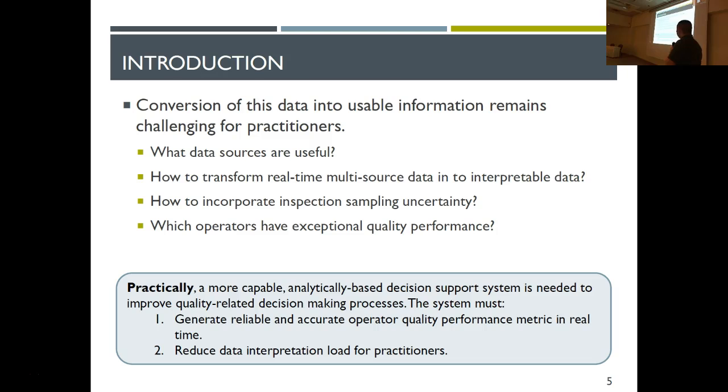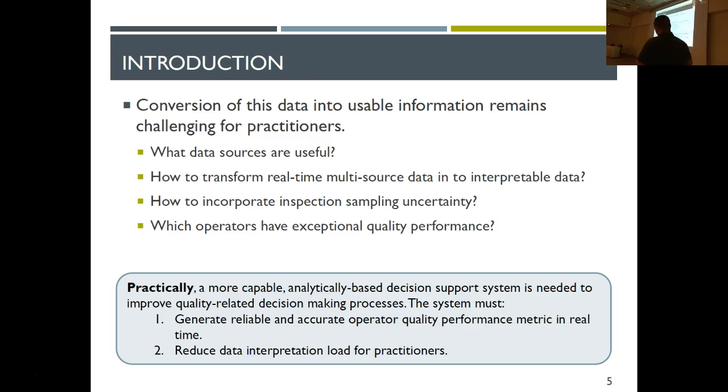So basically, they ask us what data sources are useful for inferring the quality performance of different operators, and how to transform real-time multi-source data into interpretable data, and how to incorporate inspection sampling uncertainty using the data we track. And finally, we want to know which operators have exceptional quality performance in their company.